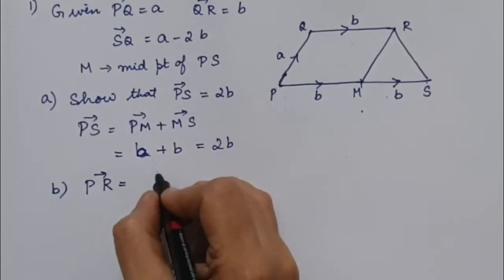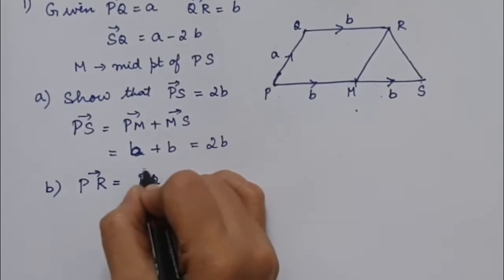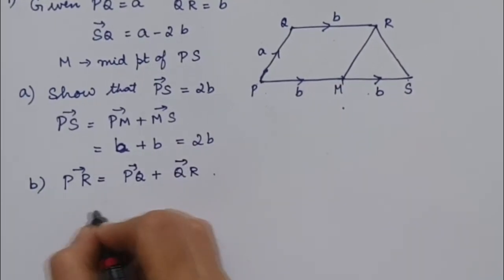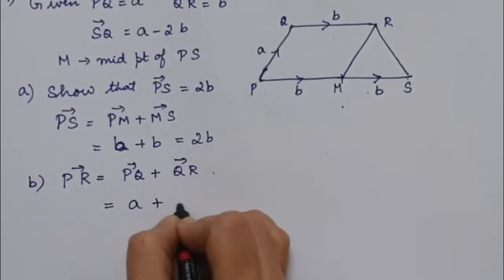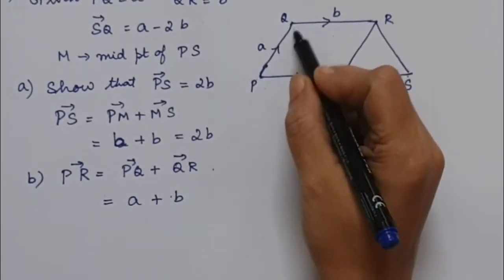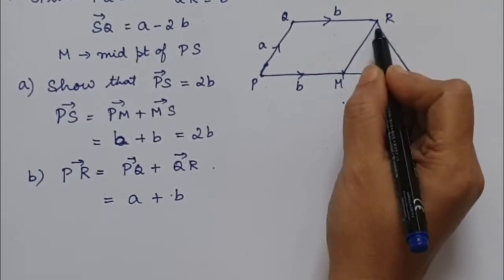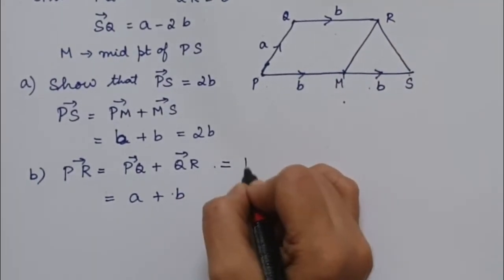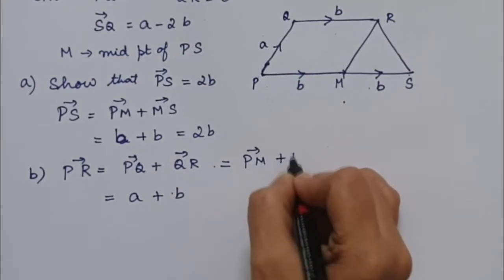PR will be equal to PQ plus QR. PQ we know it is A and QR is B. Also this PR can be written in this direction, even in this way we can write it. So it will also be equal to PM plus MR.